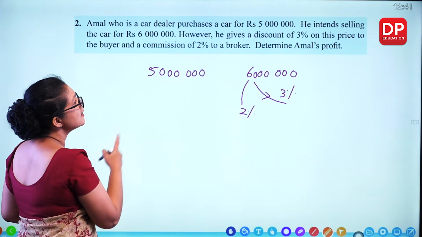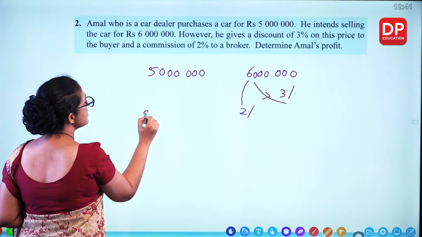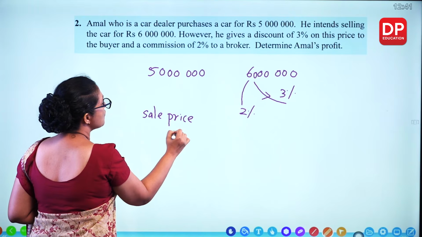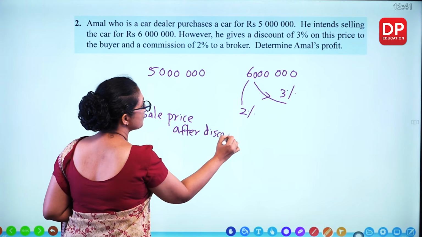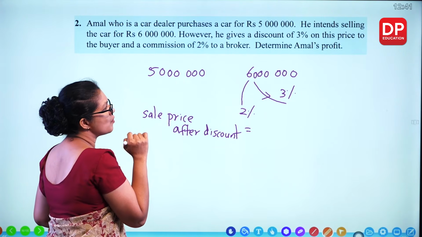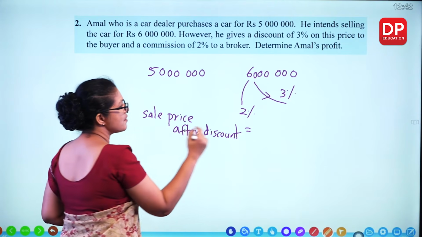So what is the sale price after discount? 3% discount. So we can multiply by 97 over 100.